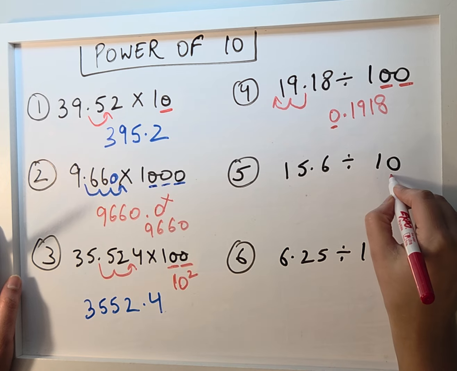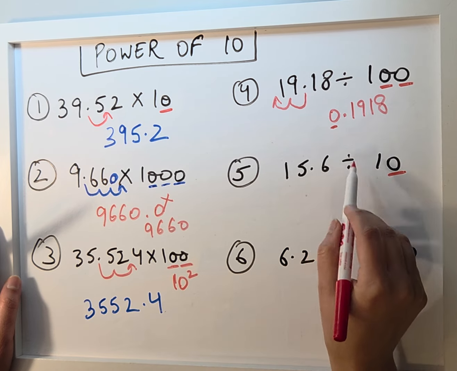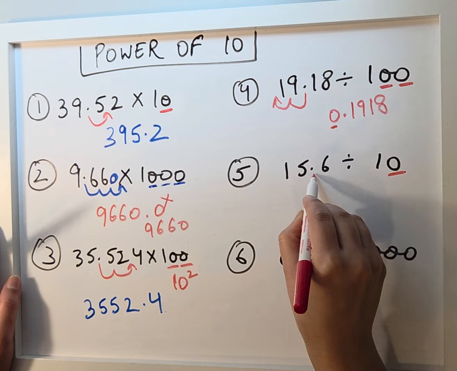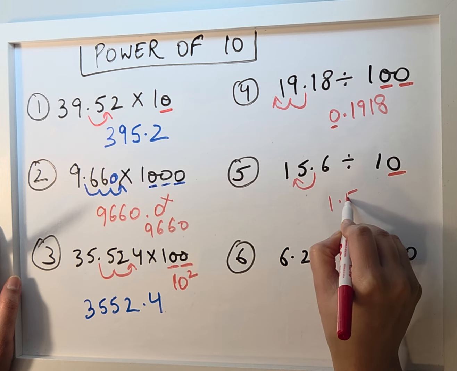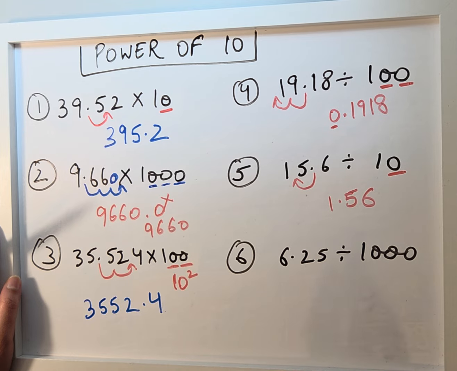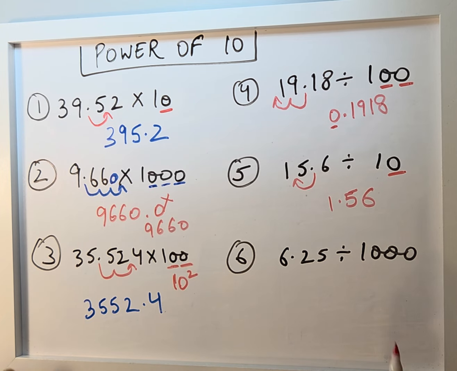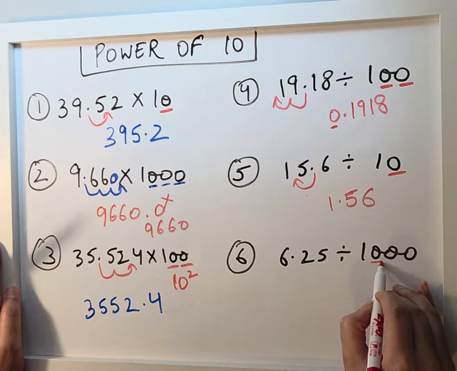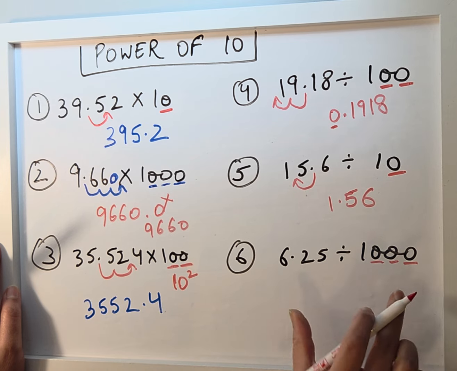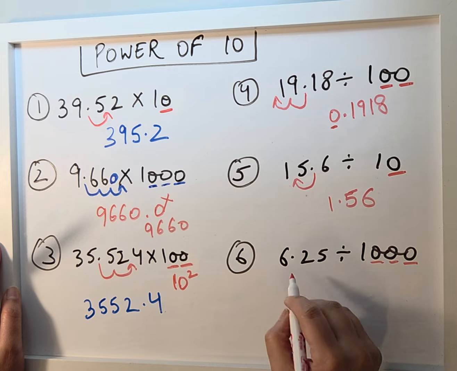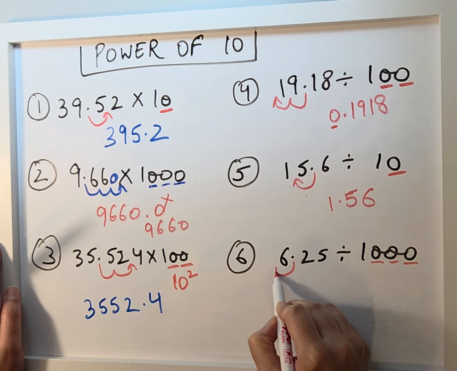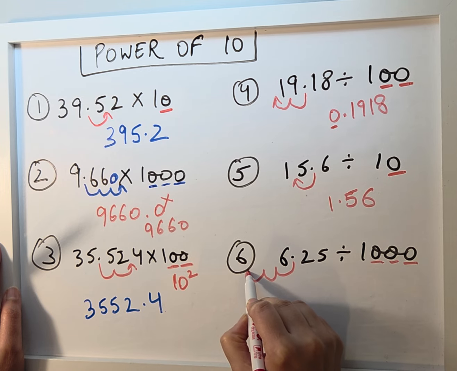Now here we just have 1 zero, but the operation is division, so we move it one time towards the left, so we get 1.56. Now in here we have 1, 2, 3 zeros, and the operation being performed is division, so we move it 1, 2 and 3.